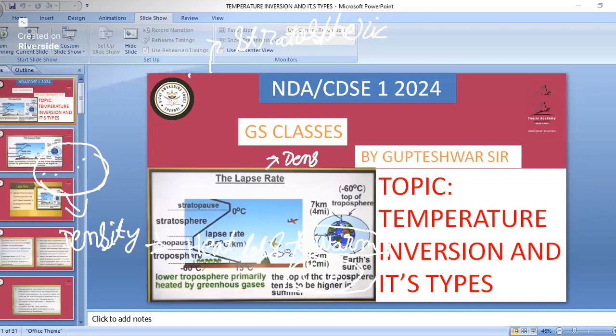The upper air inversion, or the mechanical inversion, happens mostly in the mid and higher latitude areas. And surface inversion we have, in our country India also, the surface inversion is happening in the tropical part.